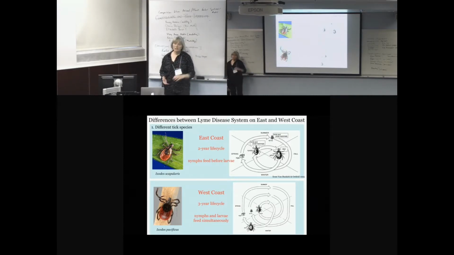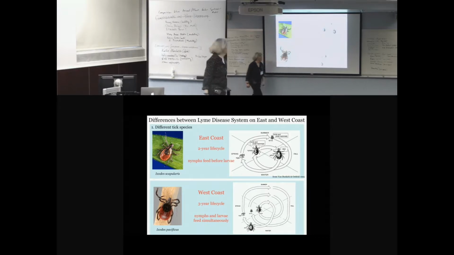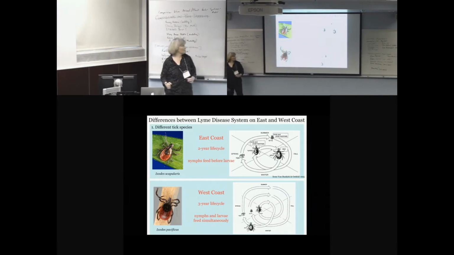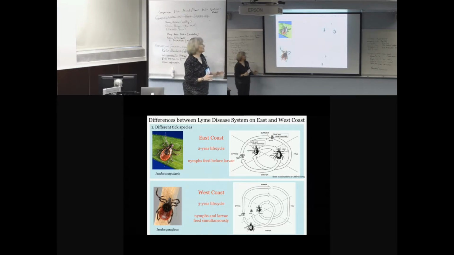The tick species has a different timing of its life cycle in the east versus in the west. And the timing of the life cycle on the East Coast is nicely timed to optimize the transmission of this pathogen from one generation of mammals to the next.